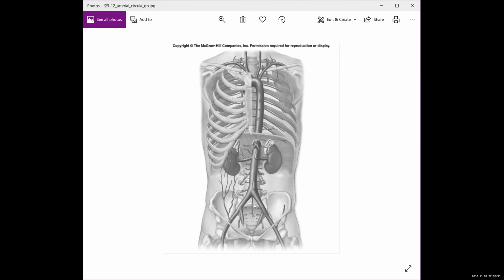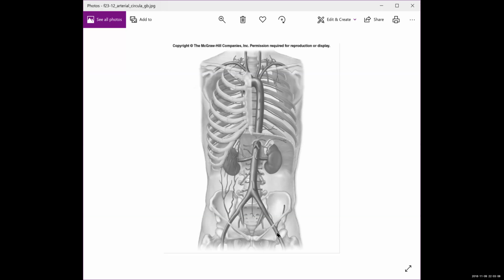Name this artery. Middle or median sacral artery. Name this here or that there. Common iliac artery. Name this vessel. Internal iliac artery. Name that vessel. External iliac artery.